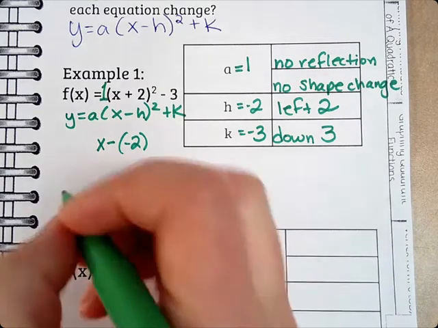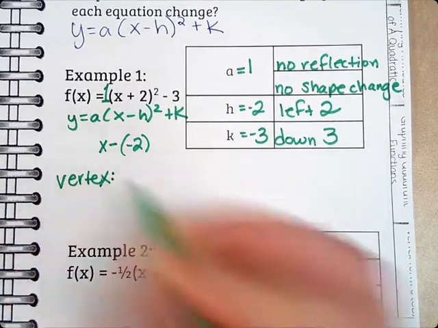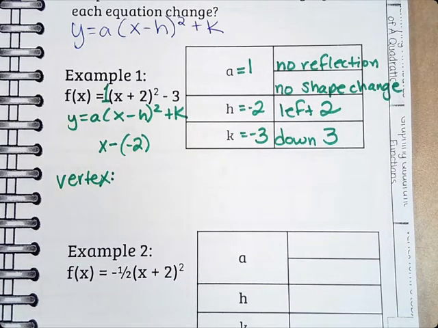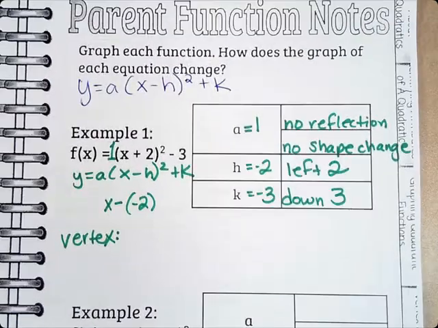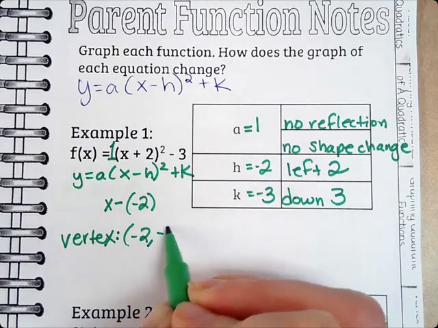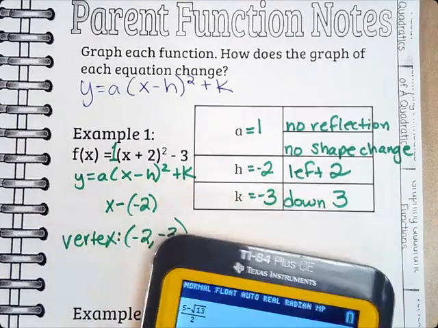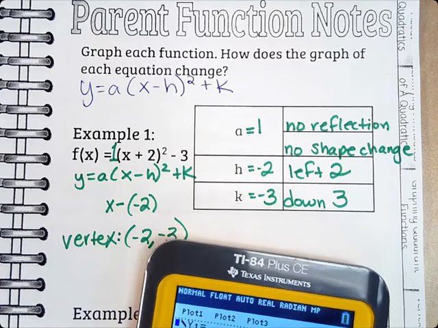Do you remember how we found what the vertex was whenever we were given the vertex form? The vertex is (h, k). So in this case, it was negative 2, negative 3. We can check this, and we are going to check it by putting it in our calculator.